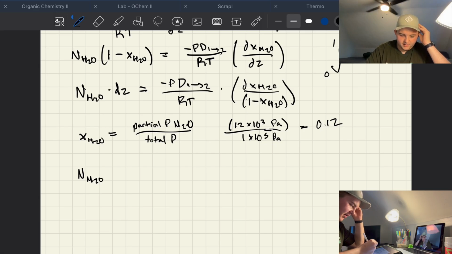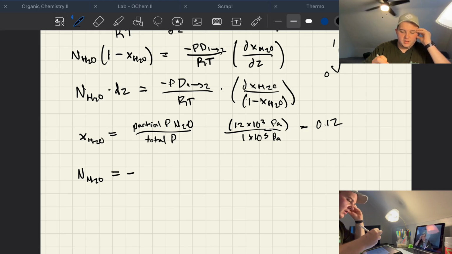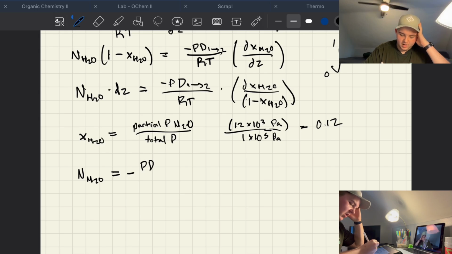So we're going to integrate this left side. We're going to have NH2O, and then we're going to have our integral from 0 to 1 dz, but I'm not even going to write it because I already know that's just going to give us a 1. So I'm just not even going to write the integral. And then that is equal to our negative stuff outside of the integral we don't need to worry about, over RT.